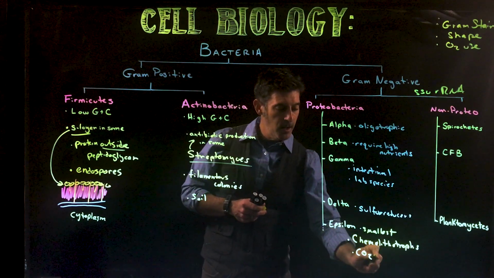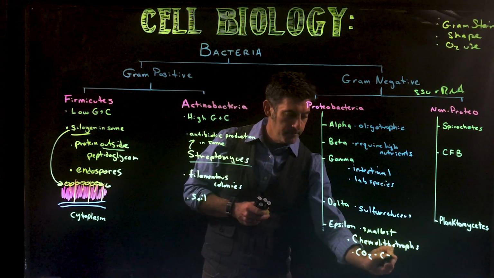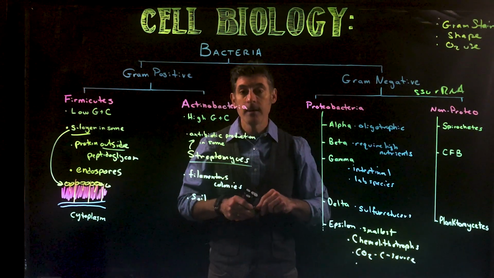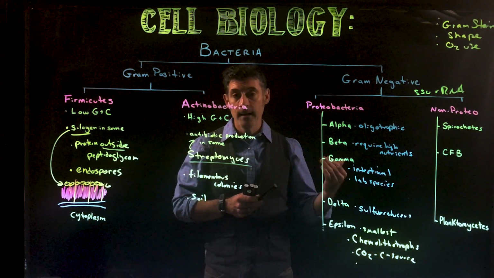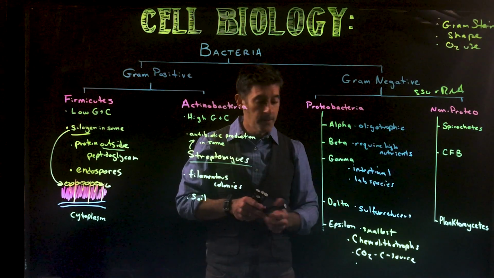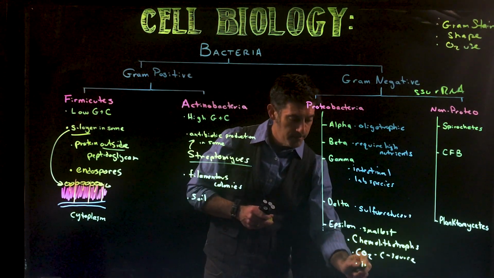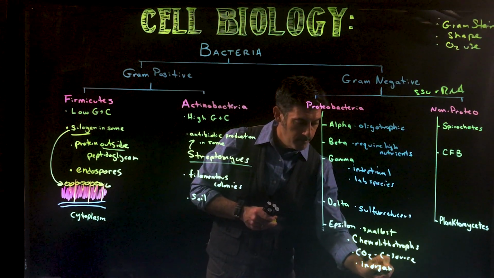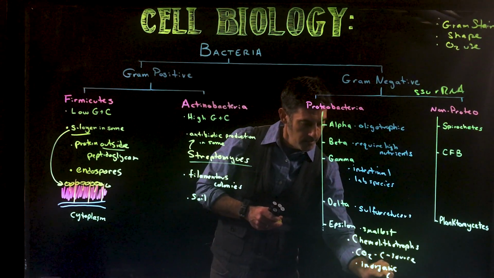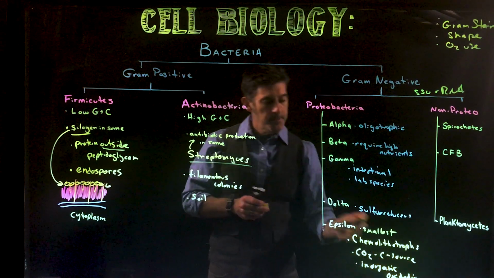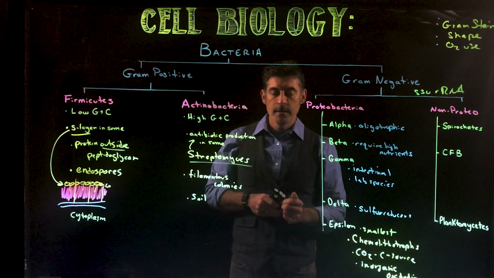Carbon dioxide is the carbon source. And for electrons, instead of oxidizing organic compounds like sugars, which is what we typically do, they oxidize inorganic compounds. So epsilon proteobacteria have a little bit different metabolism.